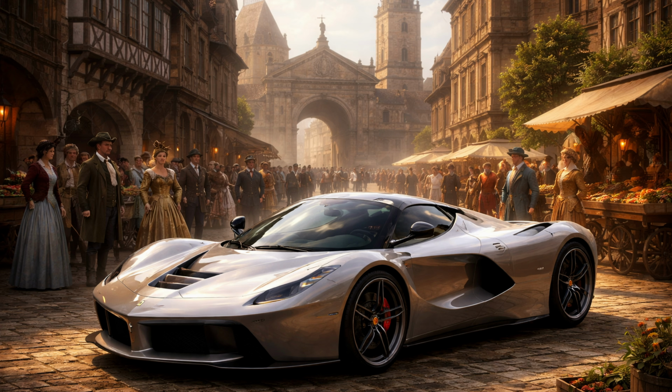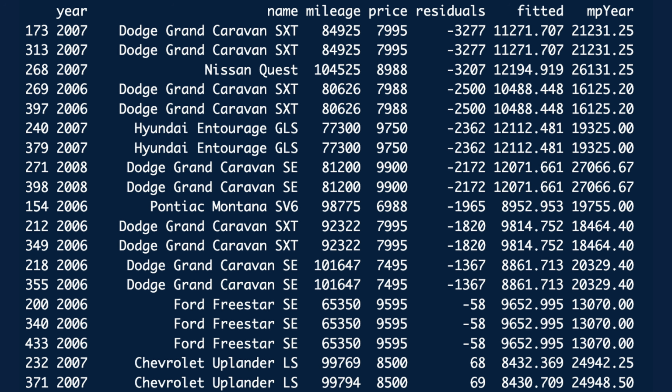And then I saw, okay, there were cars in there that had 200,000 miles on it, or that were built in the 1700s or whatever. So I said, okay, I want a car that is not more than 10 years old, and I want the car to have less than 120,000 miles. And with my newly sorted data set that looked like this, I identified the lowest three residuals.